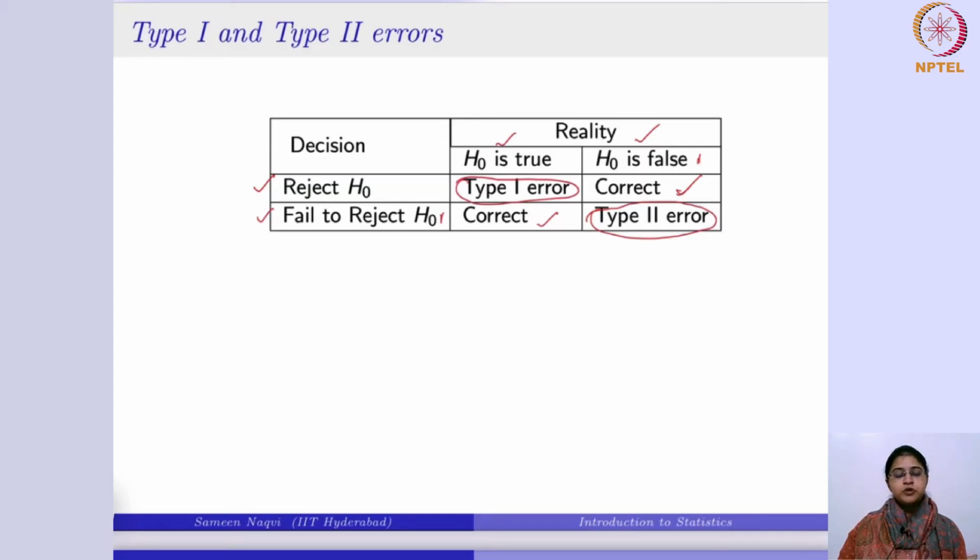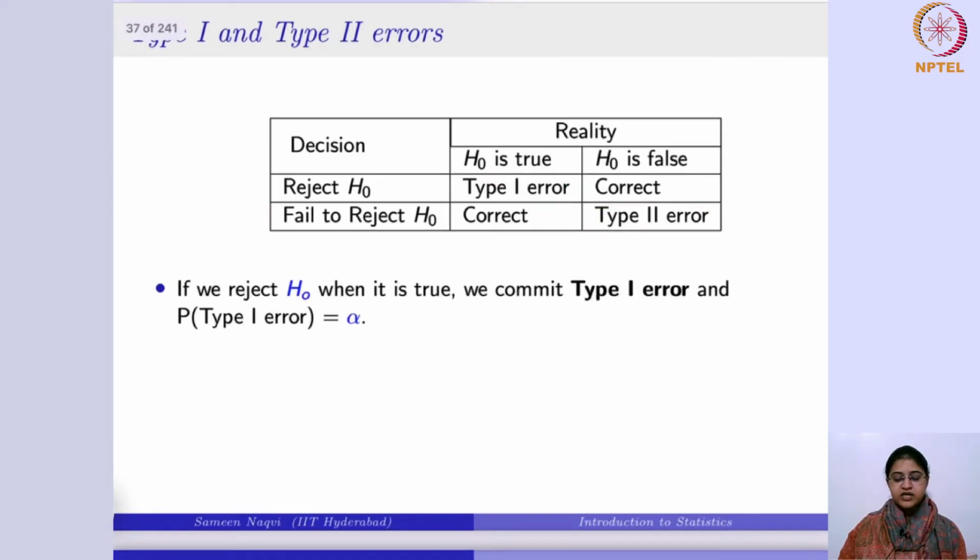They are commonly referred to as type 1 and type 2 errors. If you are rejecting the null hypothesis when it is true, you commit type 1 error, and the probability of committing this type 1 error is referred to as alpha. So alpha is the probability of committing type 1 error.